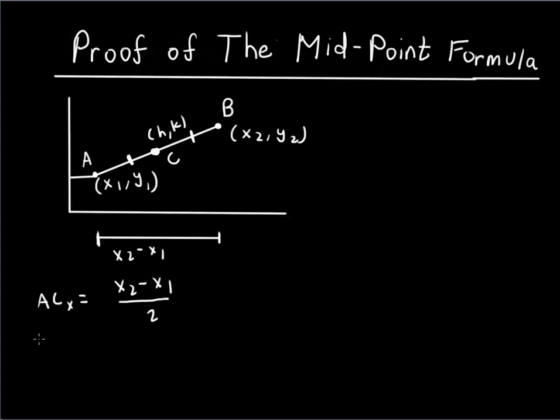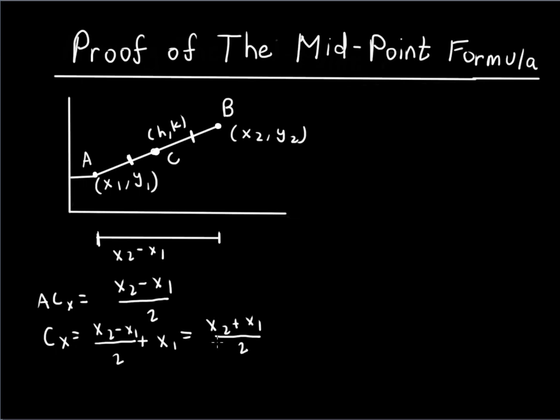So Cx, the x value of C, would be ACx, x2 minus x1 by 2, plus x1, which is the x value of A. And this would be equal to x2 plus x1 over 2. So this is what we got for the x value of C.